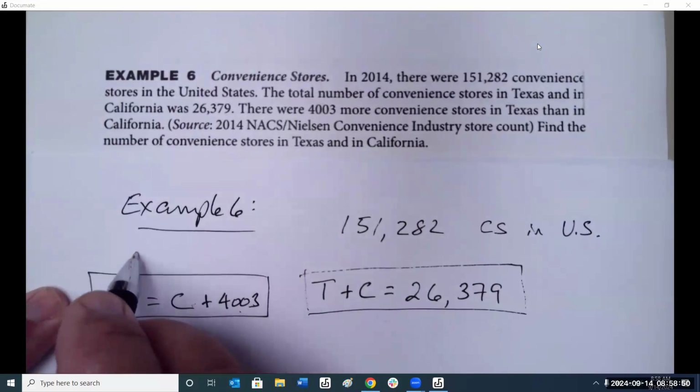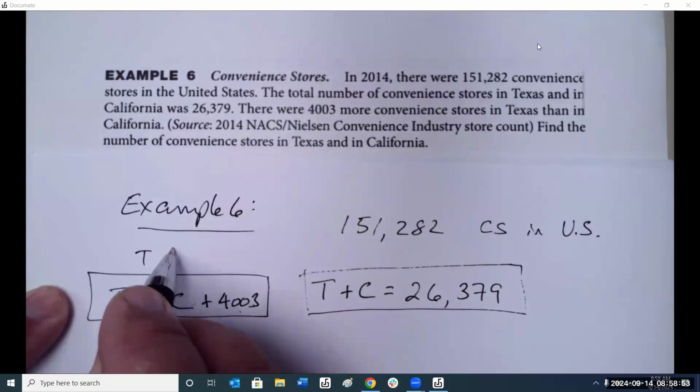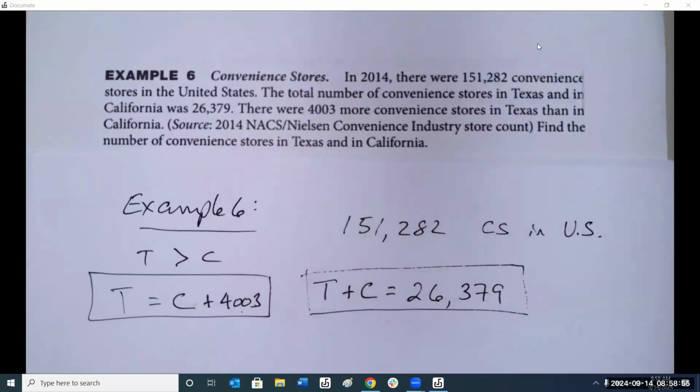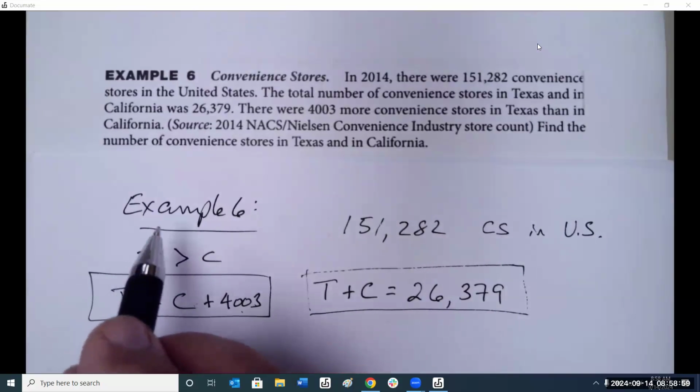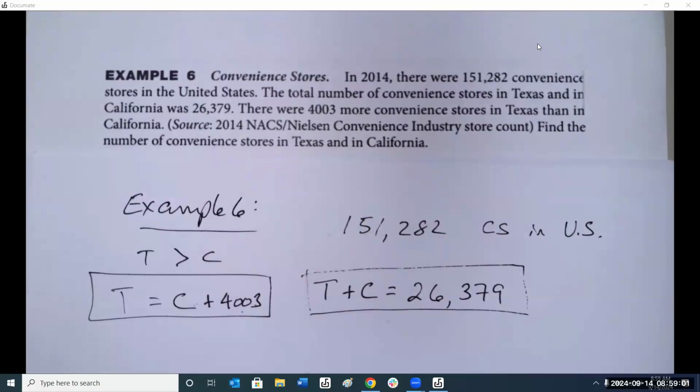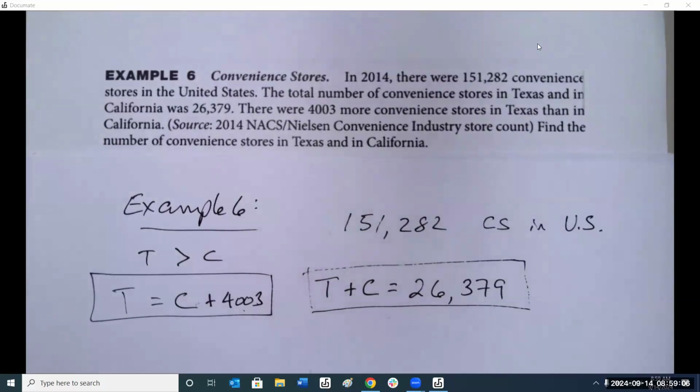Because Texas has more stores than California to begin with by 4,003. So because of the inequality, Texas has the same number of stores as California plus 4,003. So to make them equal, I had to add 4,003 to California.